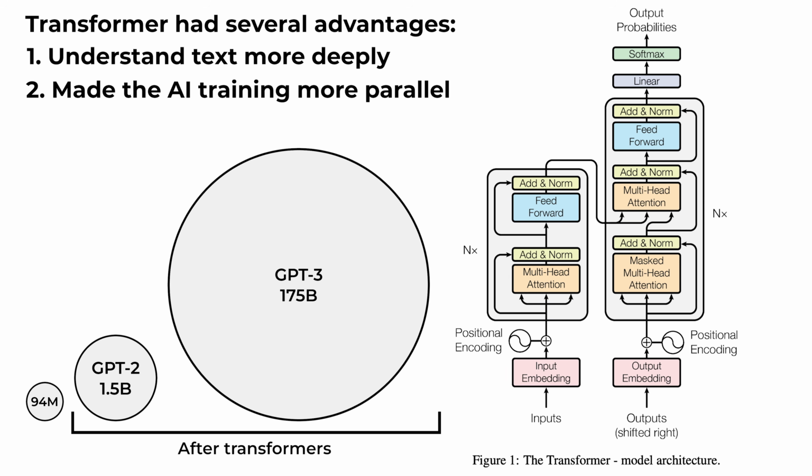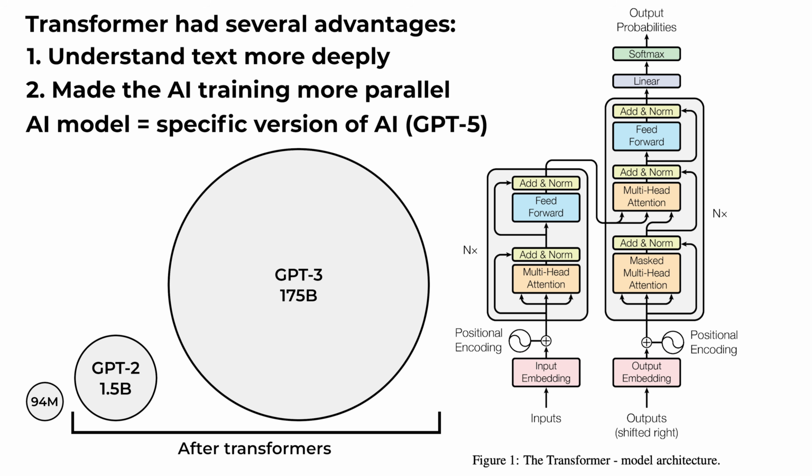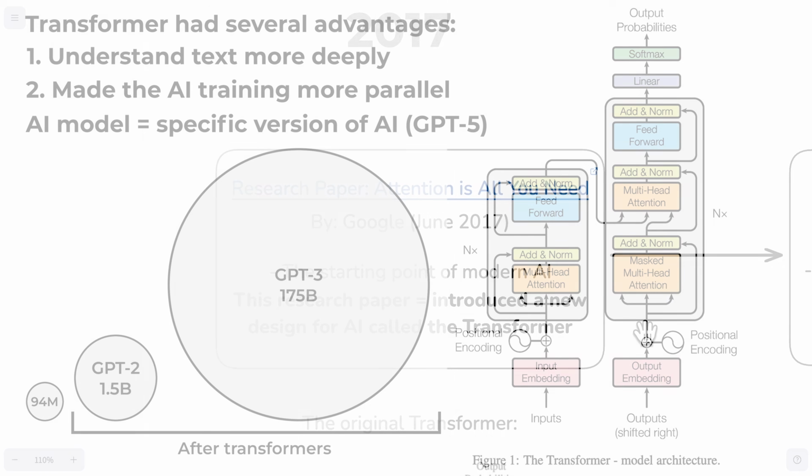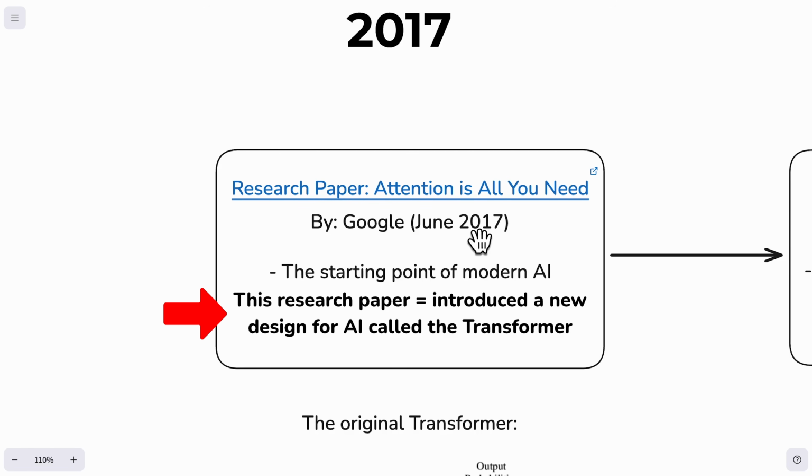And it's these bigger AI models that made modern AI so smart and powerful. By the way, you can think of an AI model as a specific version of AI, like GPT-5. So basically, this research paper introduced the transformer, and this allowed us to create the big and powerful AI models that we have today.